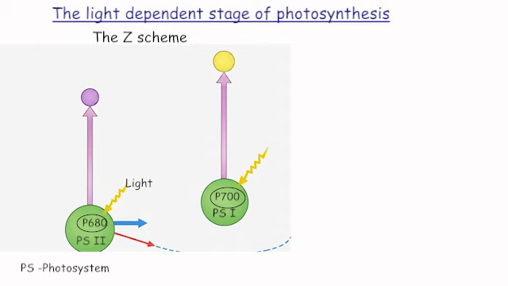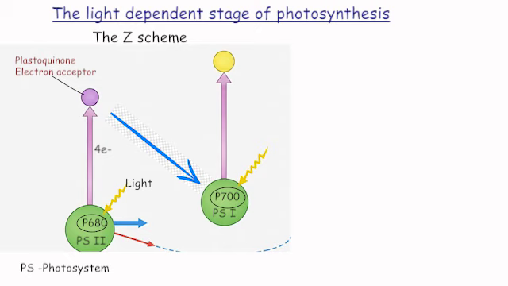Now when the reaction center is photoactivated, electrons are boosted to a higher energy level, and these electrons are then received by plastoquinone, which is an electron acceptor. So these electrons then pass from our electron acceptor along a series of electron carriers, or the electron transport chain, to photosystem 1.